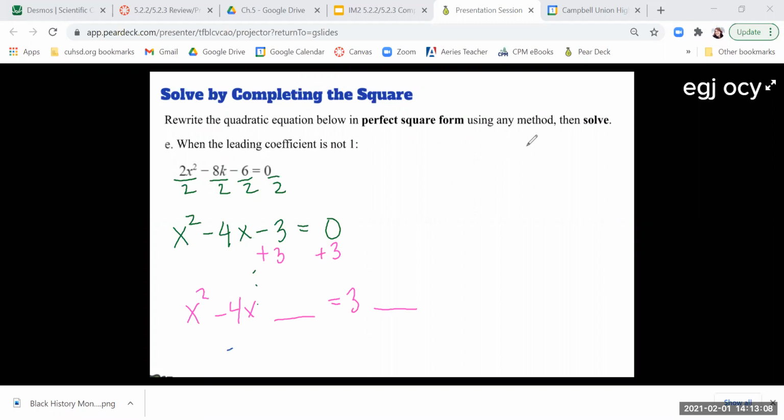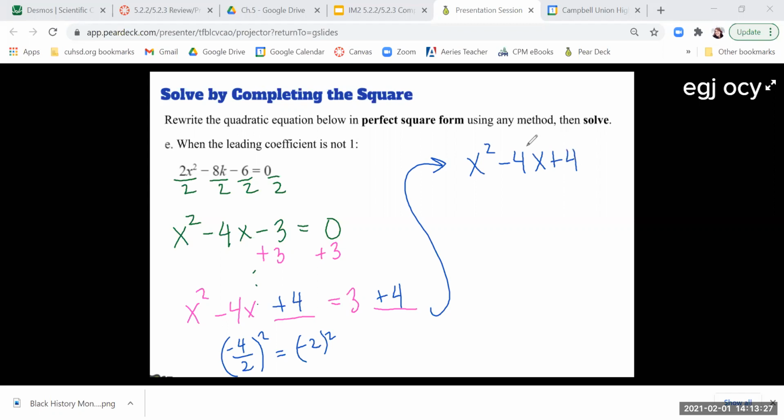I'm going to take half of negative 4 and square it. So that gives me negative 2 squared, which means I need to add 4. So now I have x squared minus 4x plus 4 is equal to 7.